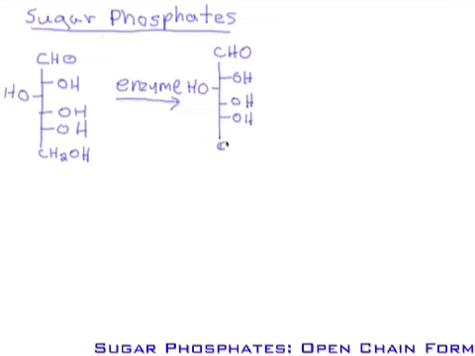And we would get what is called, if we start with D-glucose, D-glucose 6-phosphate.